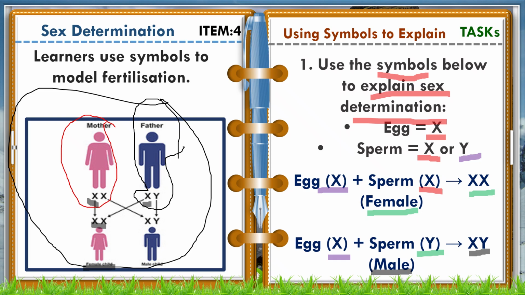If we have the egg X and we combine it with the sperm Y, we are going to get a combination of XY. And this one is going to be a male child.